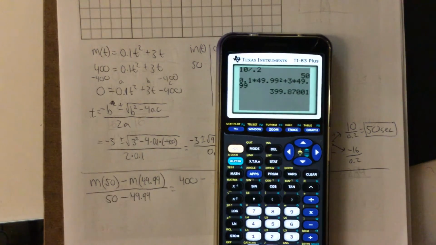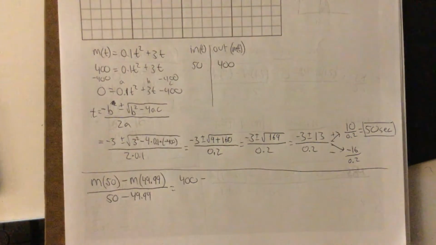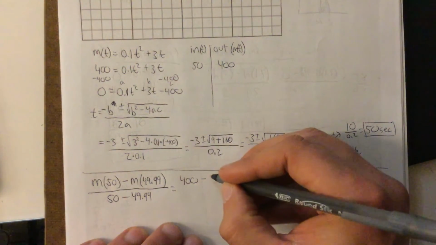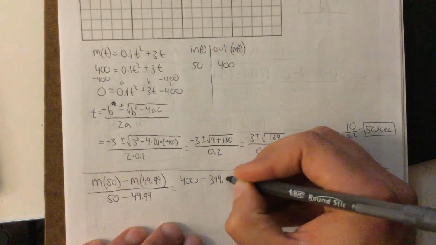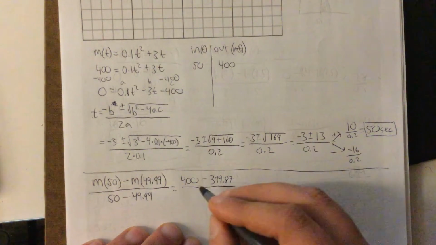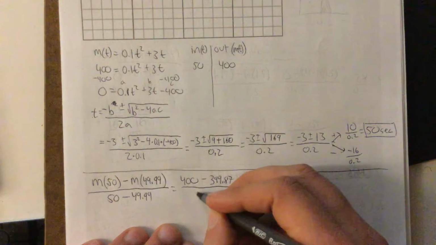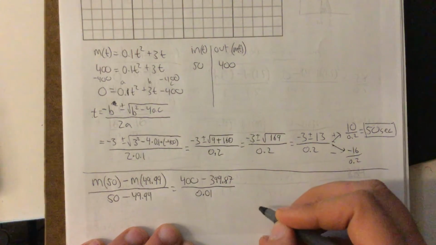So that's 399 meters, 0.87, and I'm going to leave off the 001, just for rounding's sake. So 399.87. Okay, and then we divide by this interval here, which is just 0.01 seconds.